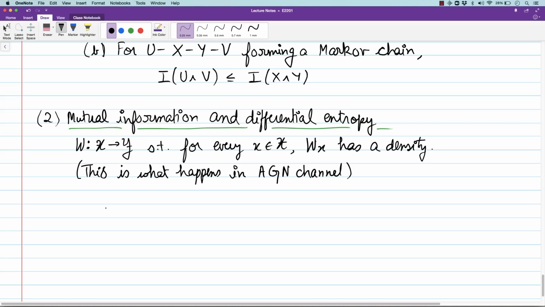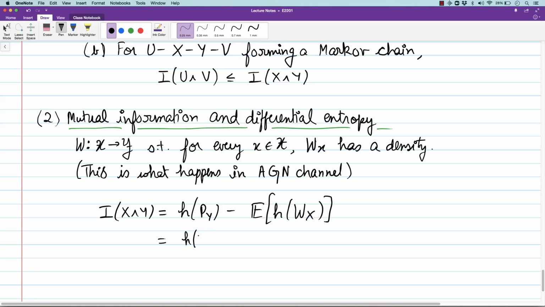Then if you look at the mutual information between X and Y, that is equal to the entropy of P of Y minus the expected entropy of this guy. Okay, this is essentially equal to H of Y. We can use the notation H of Y for this, minus, I'm defining this conditional entropy.